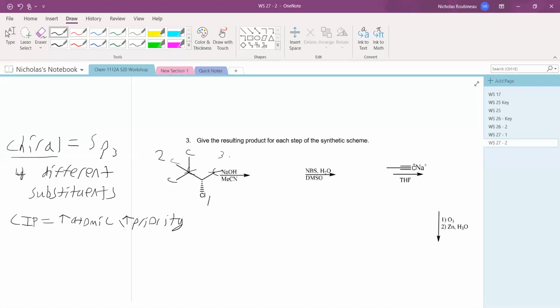So when we're determining R versus S, you draw an arrow from 1 to 2 to 3, and you look at what direction it's going in to determine if it's R or S. What is this? S. Yeah, it's going clockwise, which normally would mean that it's R, but the way we determine if it's R or S is we look at the structure with number 4 pointing towards the back.